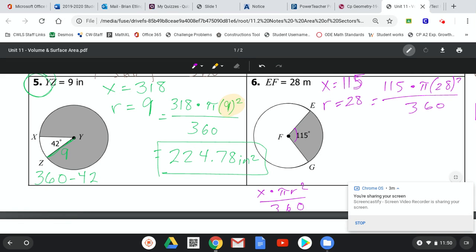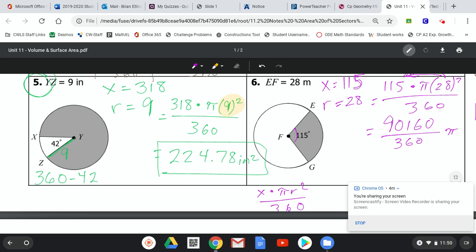Now, when we square the 28 and multiply it by 115, that's going to give us an answer of 90,160 over 360 times pi. That's just because I do 28 squared and multiply that number by 115.